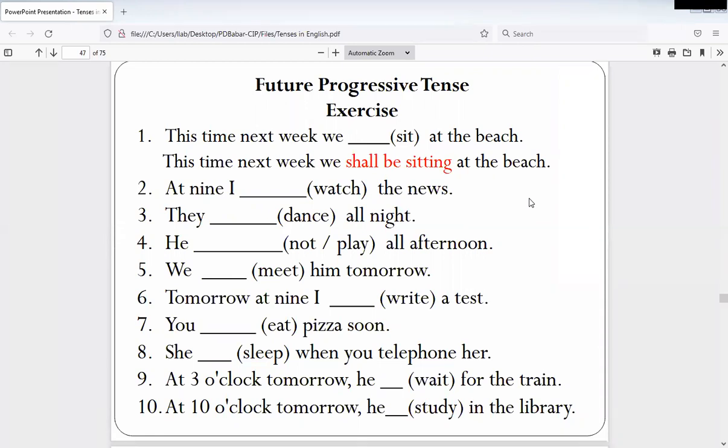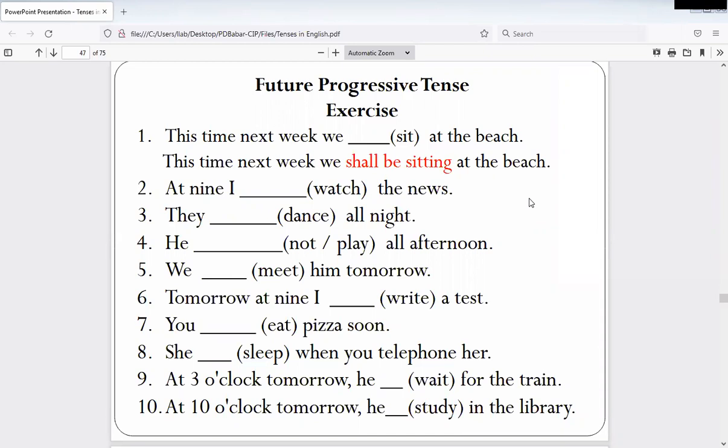Okay, this is the second one. Then third one, they in bracket dance all night. So what will be the verb here? Tell me. We are using here future progressive, that is shall be or will be plus VING of the main verb.